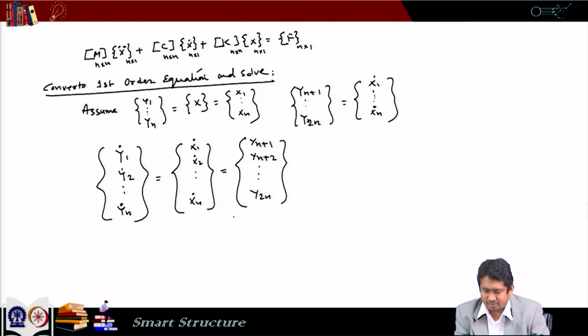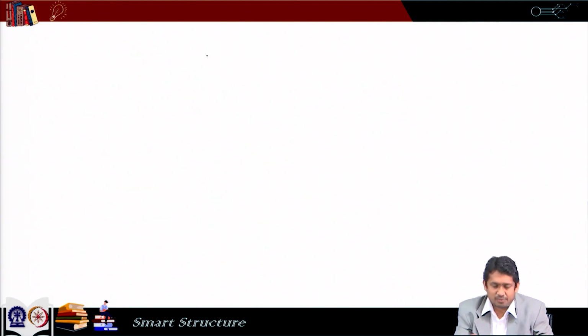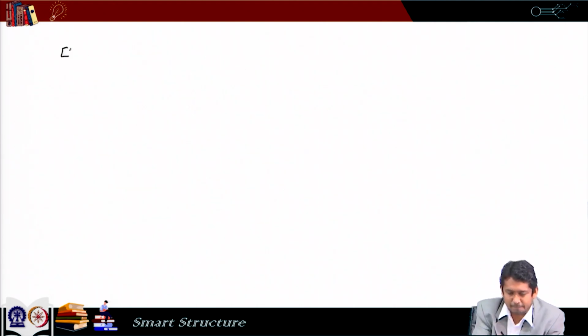Now, next what we do is we write this in terms of the y's. If we do that, we can write m is multiplied with x1 double dot.